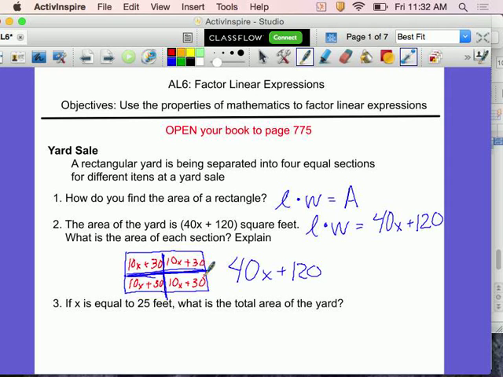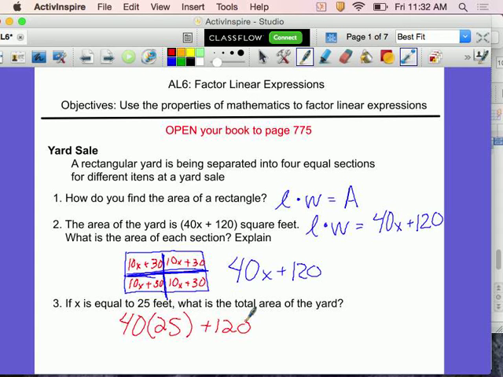So if x is equal to 25 feet, what's the total area of the yard? So that's just your basic substitution. 40 times 25, because I'm replacing x, plus 120. 40 times 25, I'm going to use my mental math distributive property here. 40 times 20 is 800, and 40 times 5 is 200.